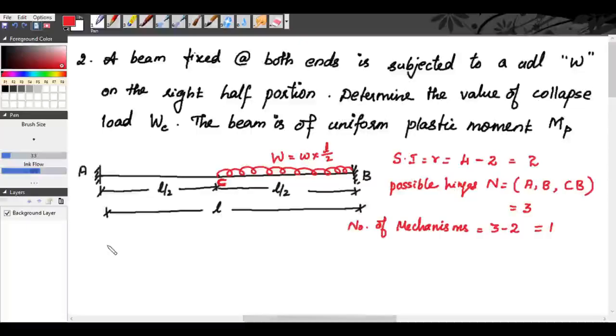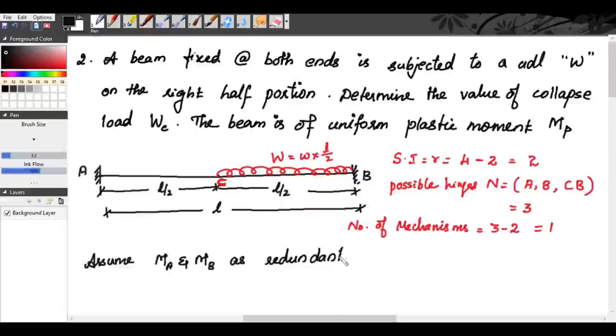So here we will assume the moments, that is MA, because two unknowns, right? You have the statical indeterminacy is 2. If the statical indeterminacy is 2, we will assume MA and MB as redundants.